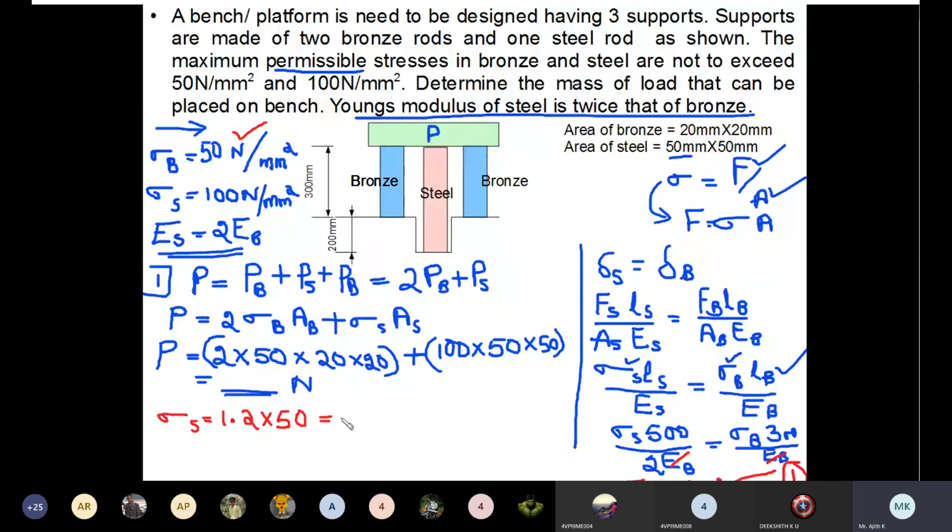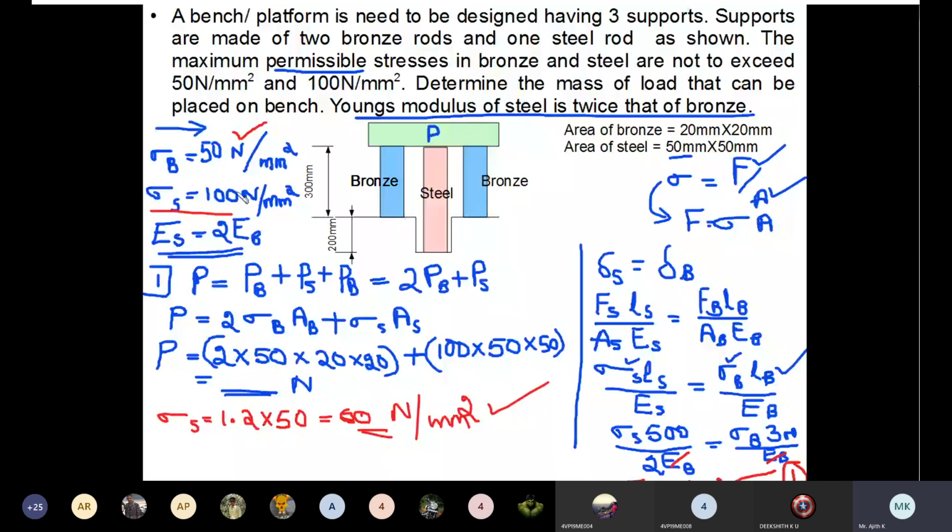You will get 60. Sigma S is 60. And this answer should be less than the maximum permissible stress.